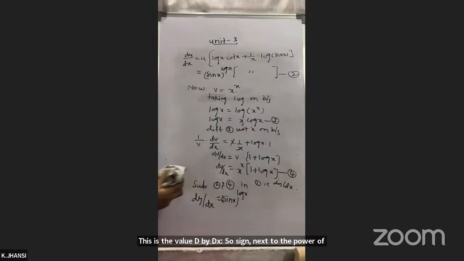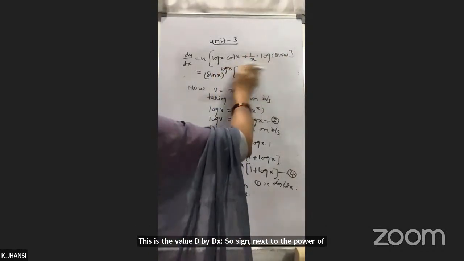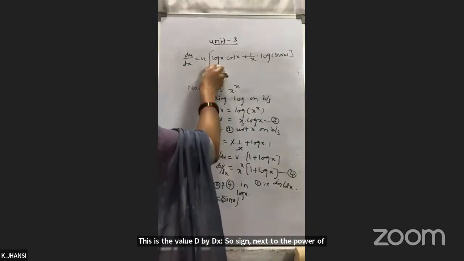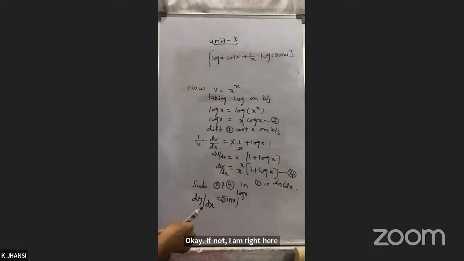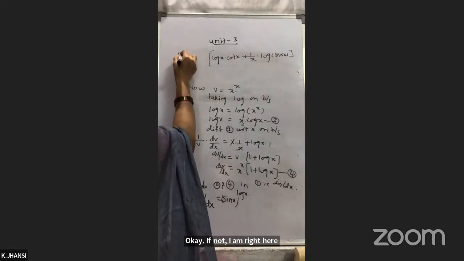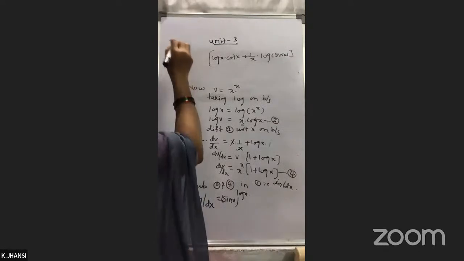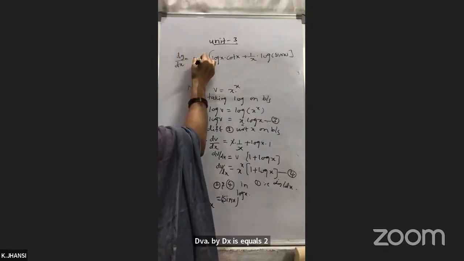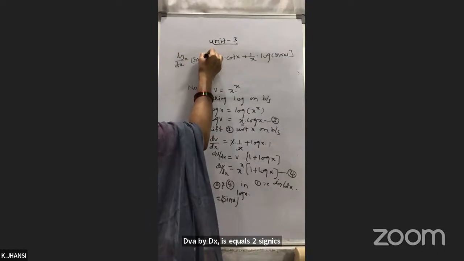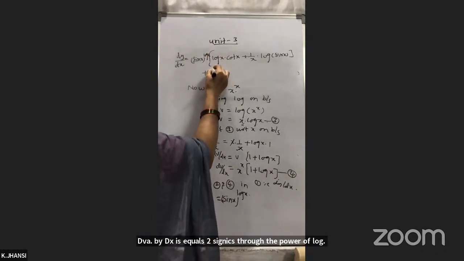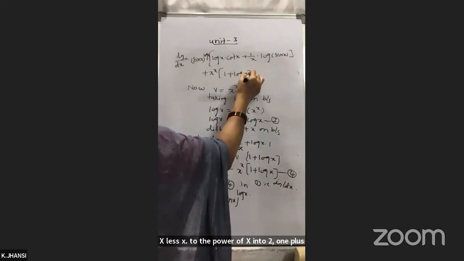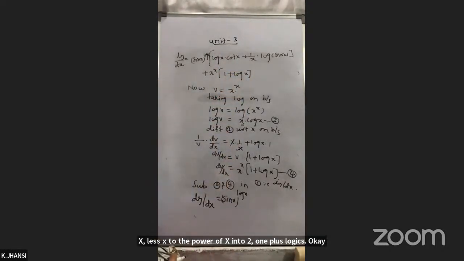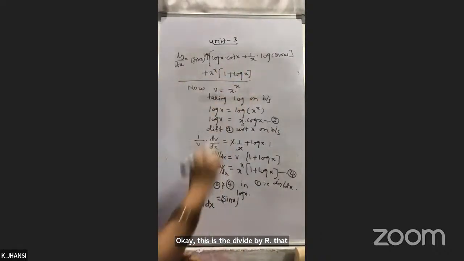Okay, if not, I will write here. dy by dx is equal to sin x to the power of log x plus x to the power of x into 1 plus log x. Okay, this is the dy by dx, or the derivative of the given function. This is the answer of that one.